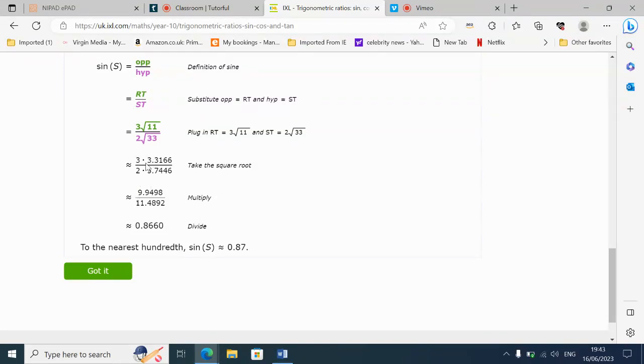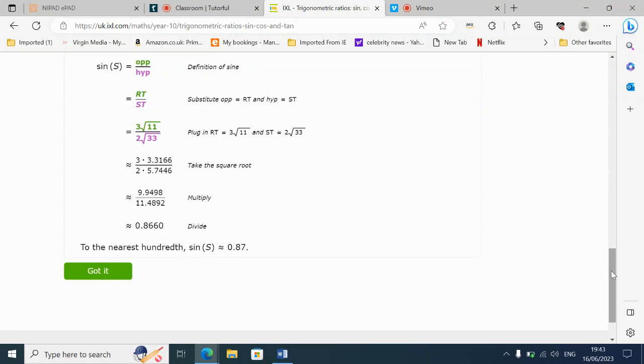When you're working out the square root of 11, you've got that number and then you multiply it by 3 and you should get 9.9498. And then the same thing for ST, it's 2 multiplied by 5.7446 and you should get 11.4892.